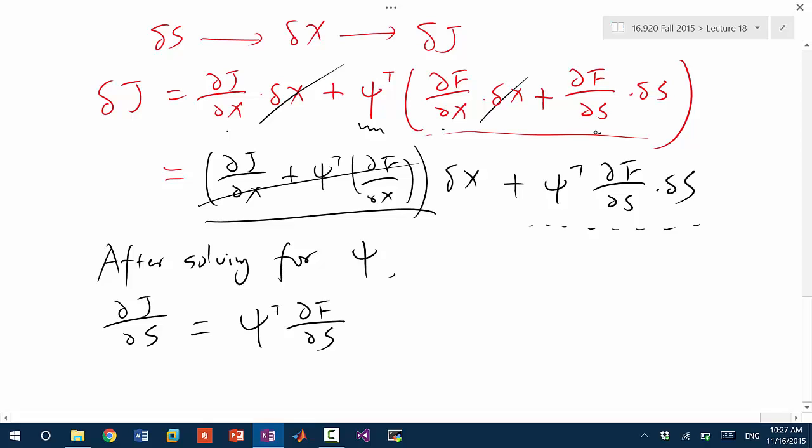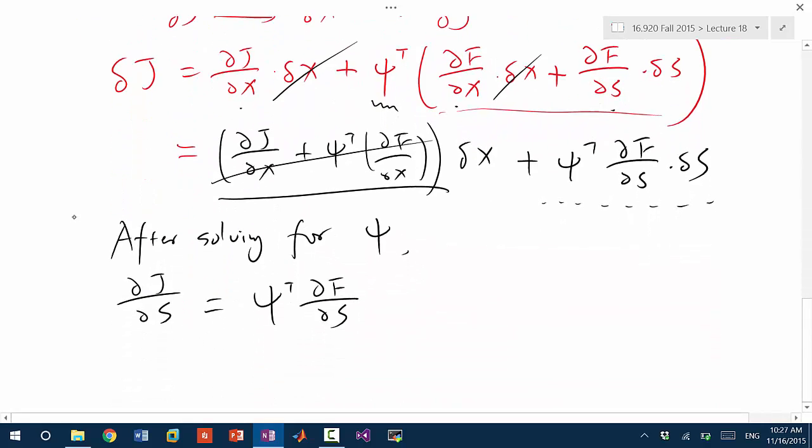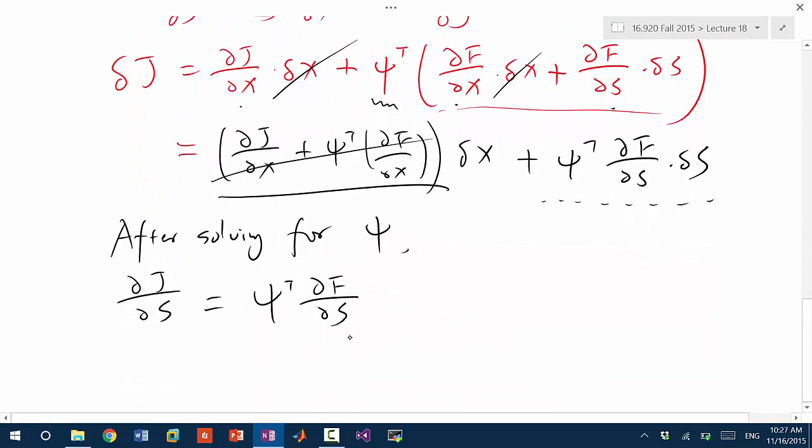And once we have these partial derivatives, that enables us to solve this adjoint equation. Once we have that adjoint solution, we can compute the sensitivity derivative using the adjoint solution for as many s as I want.